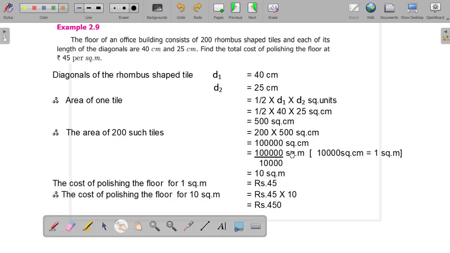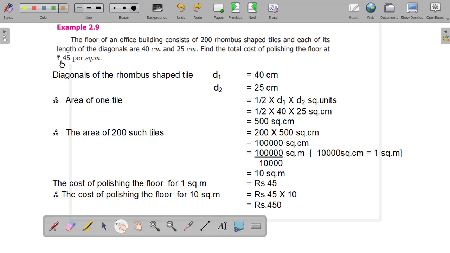So, if we divide our square centimeter value by 10,000, it will easily be converted into square meter. So, 1 lakh divided by 10,000 gives 10. So, 10 square meter. Now we have converted our area from square centimeter unit into square meter unit.